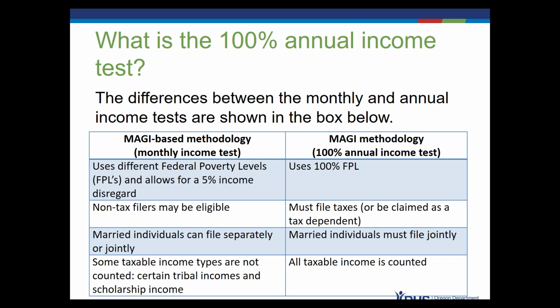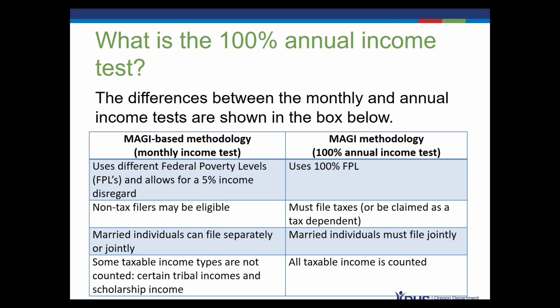However, when it comes to the annual income test, we require people to file taxes. If people are married, they're required to file jointly. This isn't to say that we're asking you to require people to do things with their taxes, just to know that there are going to be some cases where the annual income test is not going to apply to that individual. And it's not completely based on financial eligibility here.